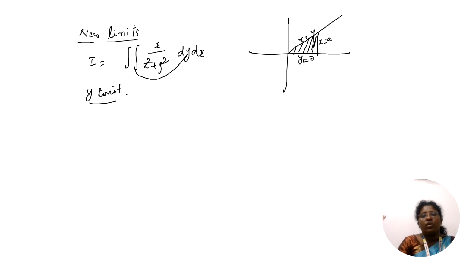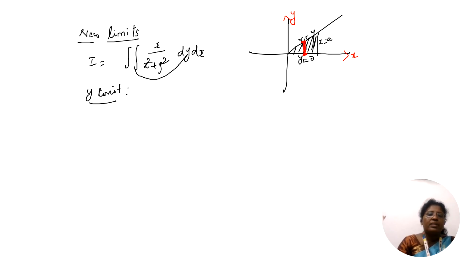To find the y limit, draw a vertical strip in the region of integration. In the vertical strip, the bottom end will give the lower limit and the top end will give the upper limit. The bottom end touches the x-axis. The equation of x-axis is y equal to 0, so along the x-axis the value of y is 0.